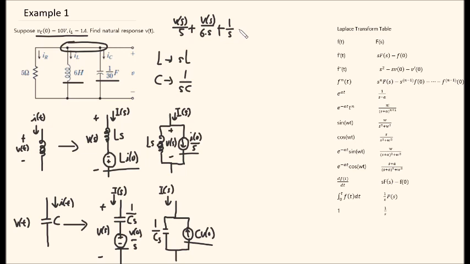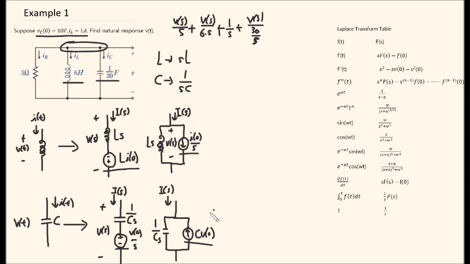1 over S. And plus, for IC, we can use this circuit. And as I have mentioned before, capacitance turns to 1 over S times C. So it becomes V of S over 30 over S. And since the initial condition is not 0, we have to add this part as well.